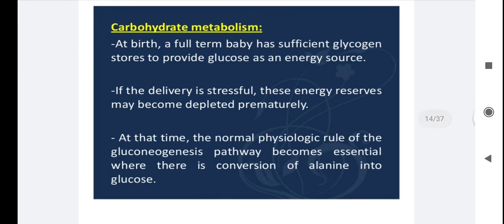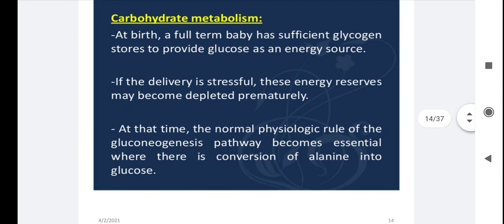Other tests that must be examined or screened during childhood involve carbohydrate metabolism. At birth, a full-term baby has sufficient glycogen storage to provide glucose as an energy source. If the delivery is stressful, the energy reserve may become depleted prematurely.